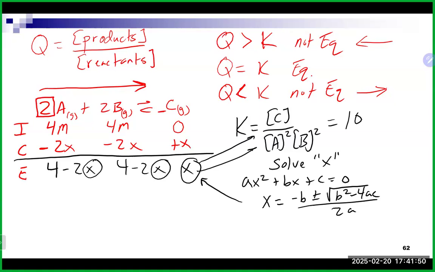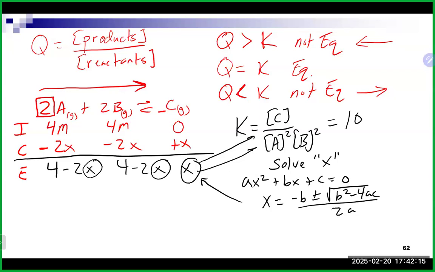As we talked about last time, it may not necessarily be the actual value being negative that's the wrong thing. You could have two positive x values as well, but when you put it back into that equilibrium line, if you end up with a negative number, which obviously you cannot have as a negative concentration or even a negative pressure, then that's clearly the one you shouldn't use. You should use the other one.